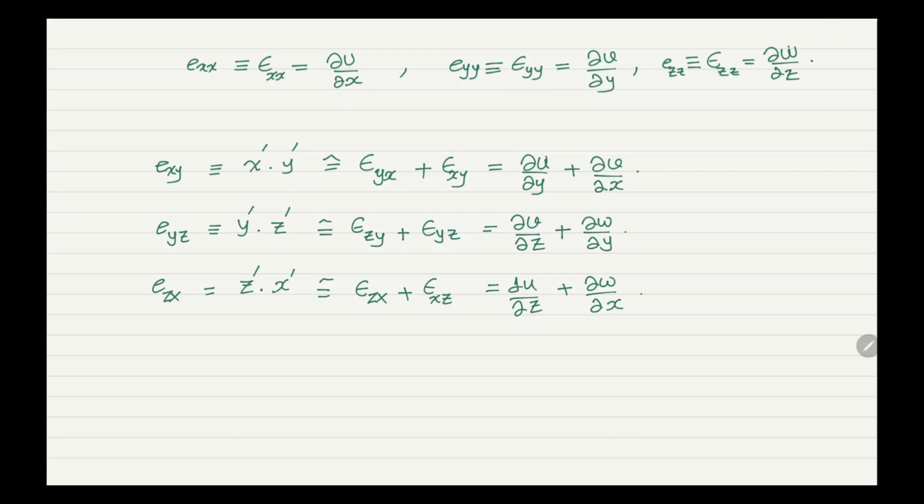Since epsilon is much less than 1, we can ignore the higher order terms, epsilon squared and so on. And from this, the 6 dimensionless coefficients e alpha beta, or e beta alpha, completely define the strain.